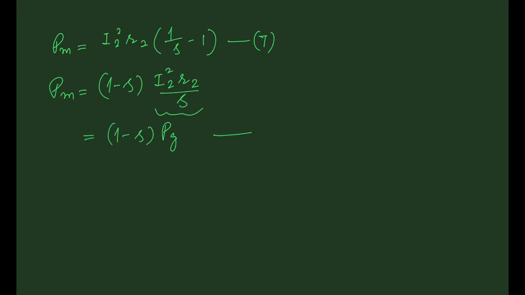In terms of the air gap power, the mechanical power is expressed as 1 minus S times Pg. And similarly, we can write an expression for the rotor copper loss per phase: since it is I2 square R2, it can be written as S times Pg. Equation number 9.